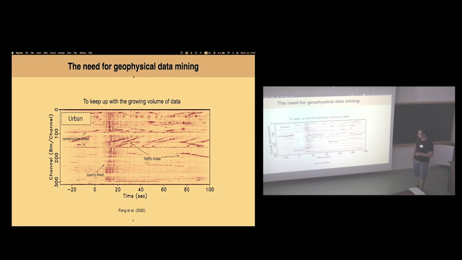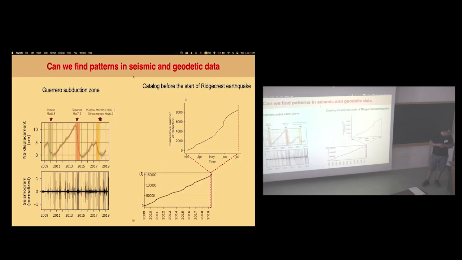For 10 seconds of data and around 300 channels, this data is about 30 megabytes. So consider that we have it for one week or several years. So how can we find patterns in seismic data, or between seismic and geodetic data that we have?